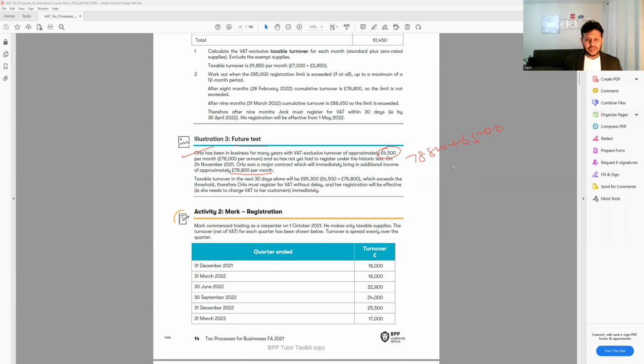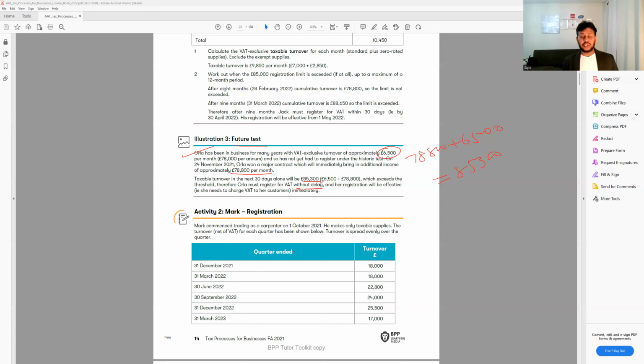So it will give me a total of 85,300 every month. So I'm very much sure because I already have the contract. For that reason, taxable turnover in the next 30 days alone will be 85,000, which exceeds the threshold, and Orla must register for VAT immediately without delay.